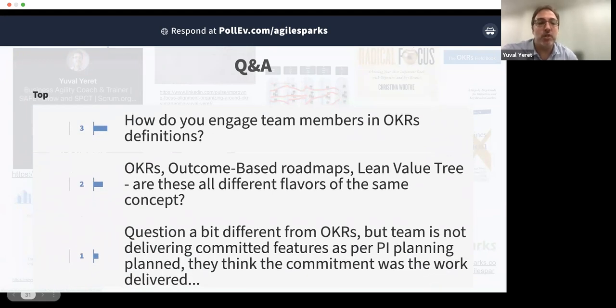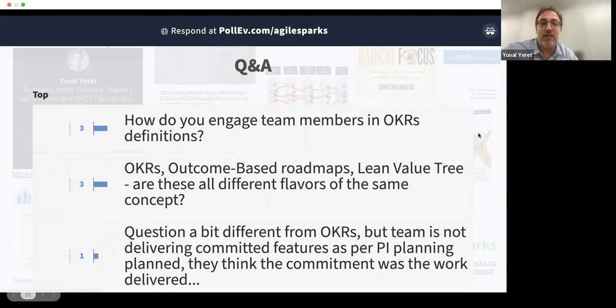How do you engage team members in OKR definitions? Well, you use a process. My take on it, you use a process that's pretty similar to the process for backlog refinement and sprint planning in Scrum, a process where we bring in the OKRs from elsewhere in the organization, from other groups that are next to us, from the big organization we're in.